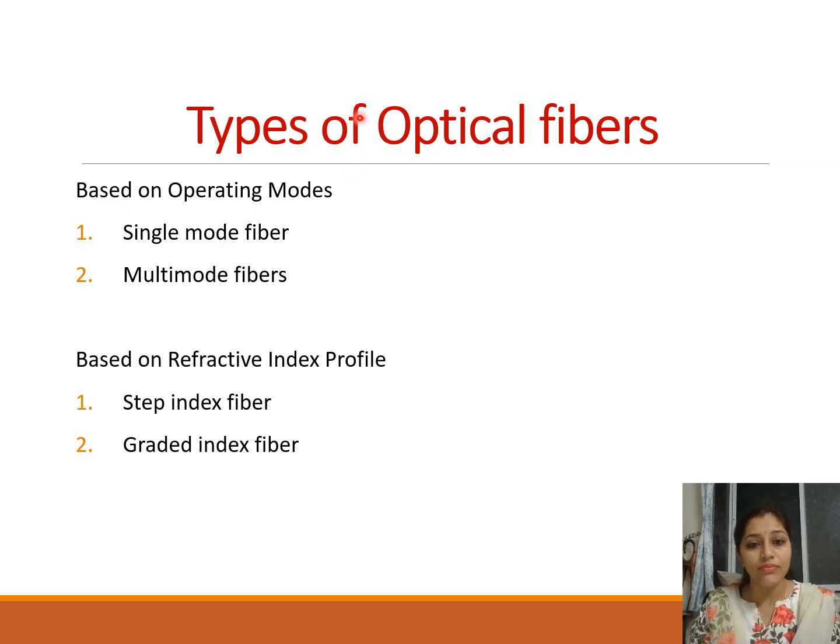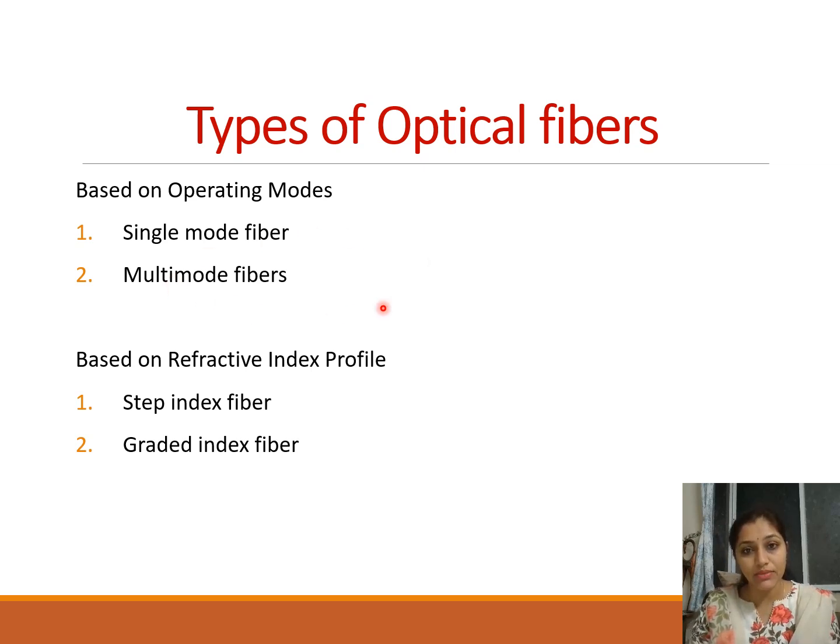So optical fibers are divided based on operating modes. Operating modes means how many wavelengths can pass through optical fiber at a time. So single mode fibers and multi-mode fibers. In single mode fiber, only one ray of light can travel at a time, or only one wavelength can travel.